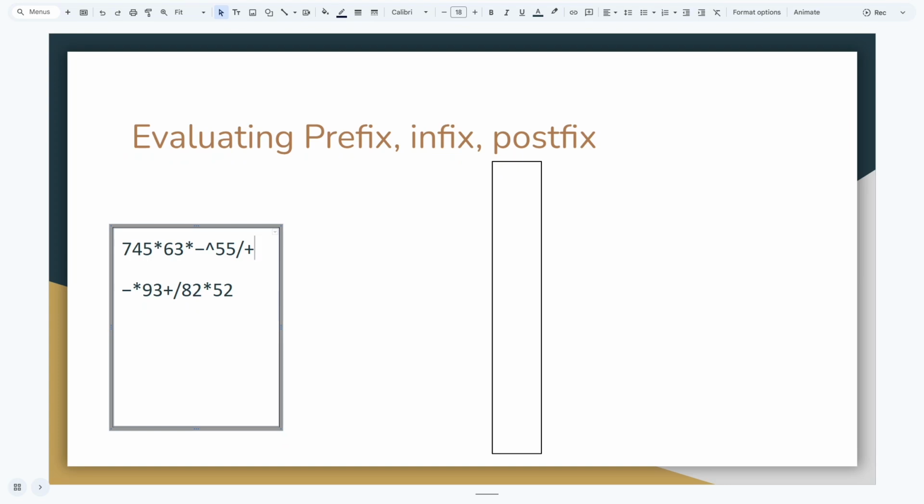We have a postfix problem and a prefix problem. If you remember, these are the same ones that we used for conversion, but this time we're evaluating them. Let's start with this one.